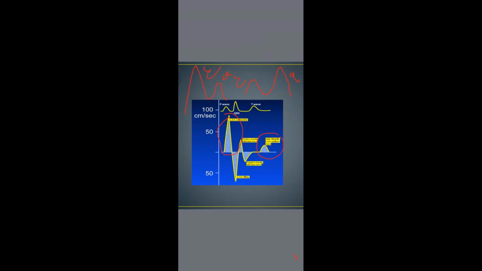What does that mean? It means that the LA appendage evacuation is more dependent on the left atrial contraction than the LA cavity. It means that the LA appendage is more sensitive to atrial fibrillation than the LA cavity. What does that mean? It means that the thrombus forms in the LA appendage in AF in 98%. That's why.